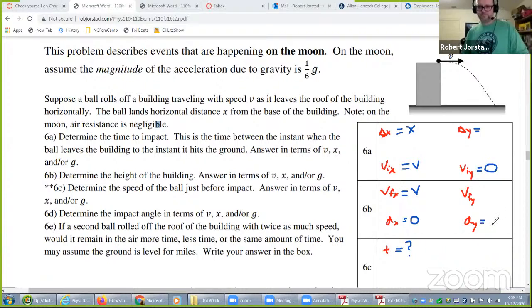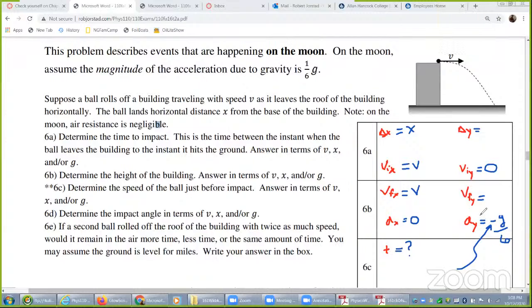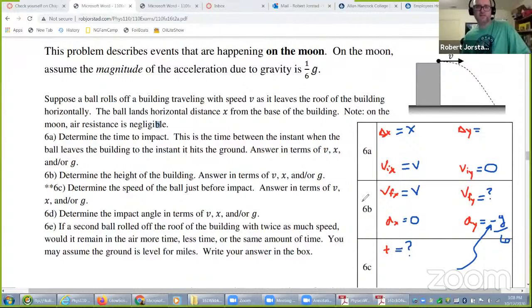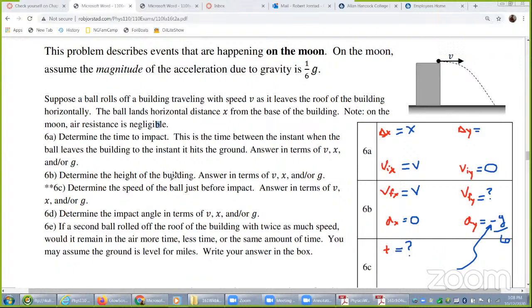Good. And so notice he remembered the minus sign there, right? Is V final y known or unknown? Unknown. Yeah, I don't see it anywhere. How about delta y? Is that known or unknown? That's what we're asked to find in part B. Oh, yeah, part B. All right.